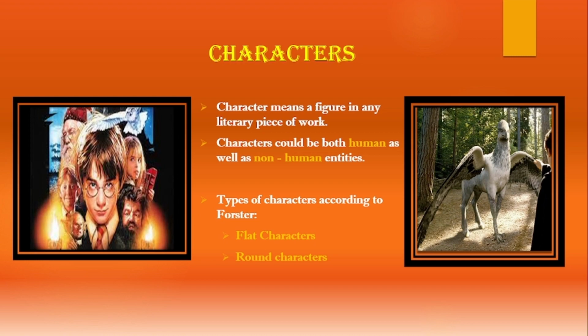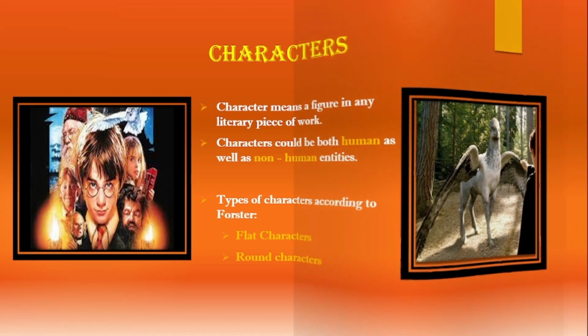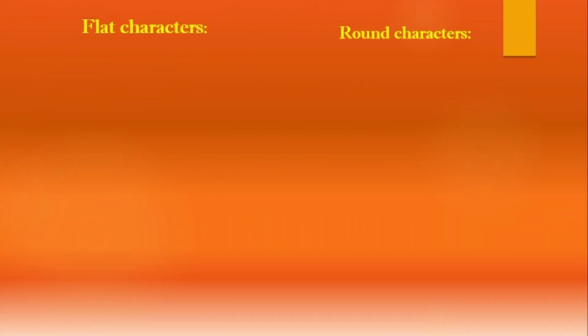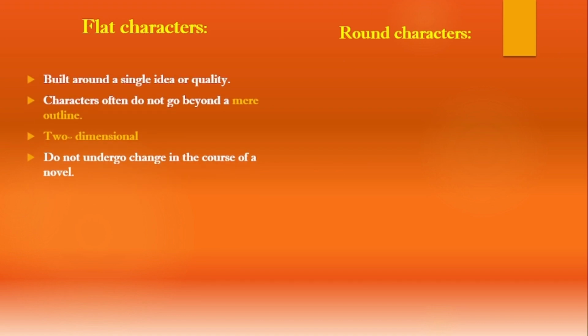Types of characters. According to Foster, there are two types of characters, namely flat characters and round characters. Flat characters are built around a single idea or quality. They are often presented in the novel, but the actions of such characters do not affect the plot.